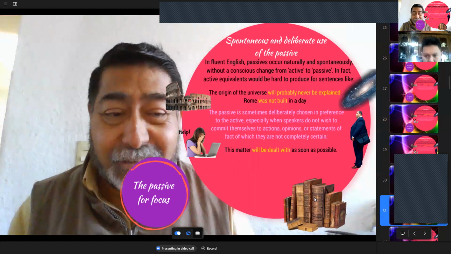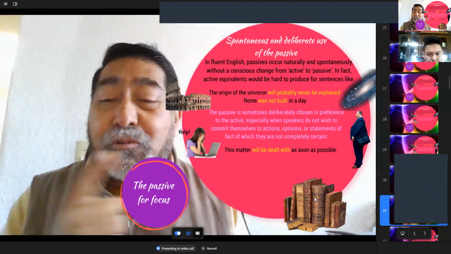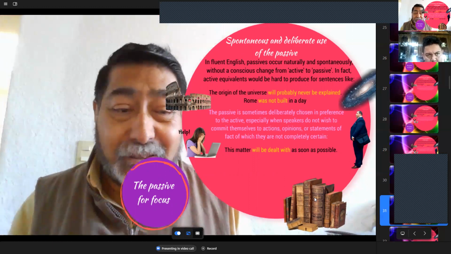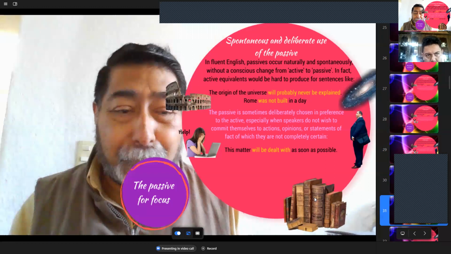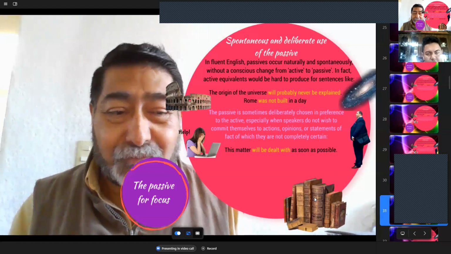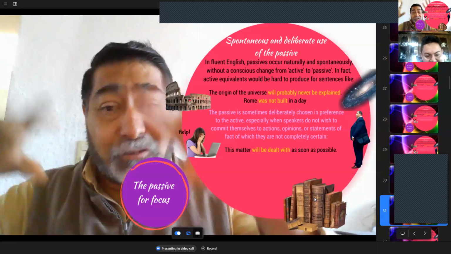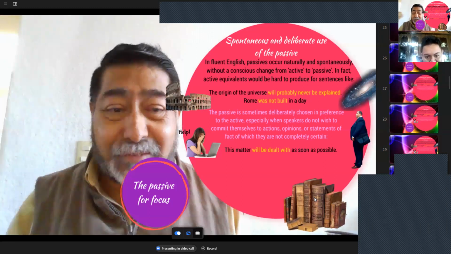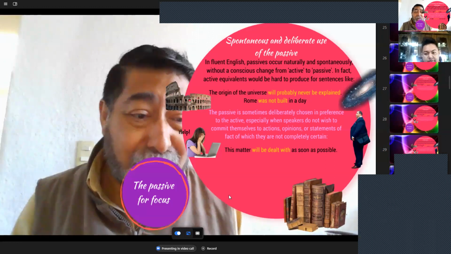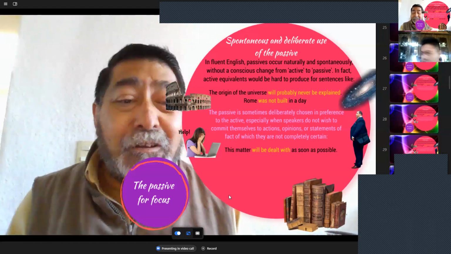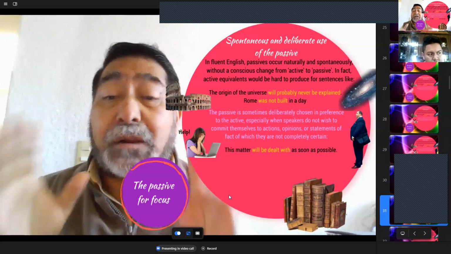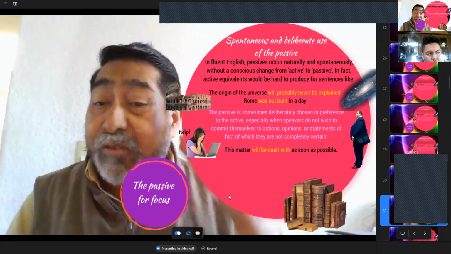So how many books do the editorials print every day? Thousands. Yes, we can say thousands of books. So when we express this idea, we can say that thousands of books are printed every day.